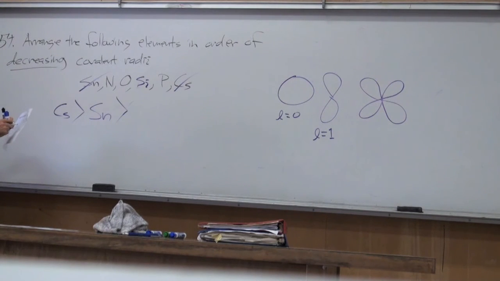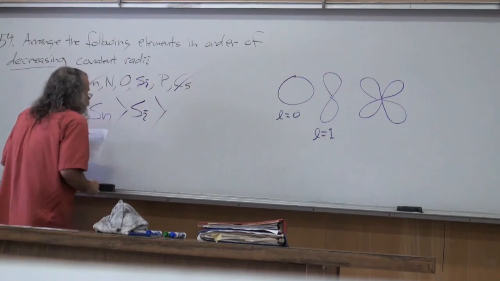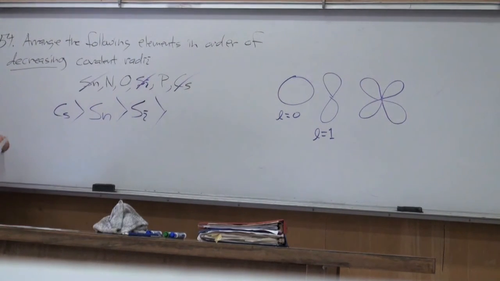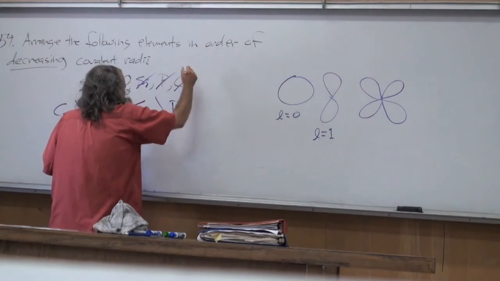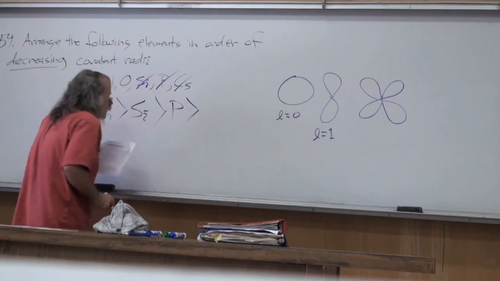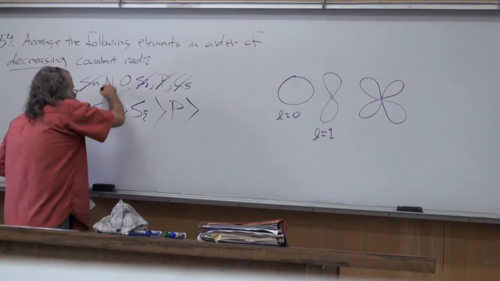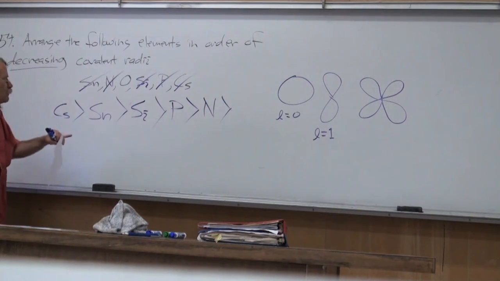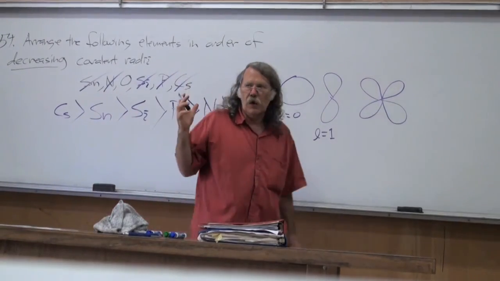Yes, it's up all the way to silicon. It's directly below it. So silicon would be next, which is then going to be not nitrogen, but phosphorus. Which is greater than, now we're in the same group as nitrogen. Which is greater than, and we're pretty much out of options. And we ended up with the one that's furthest to the right.